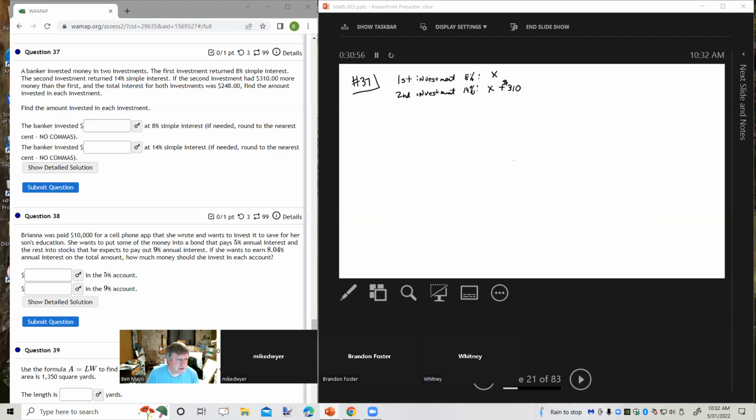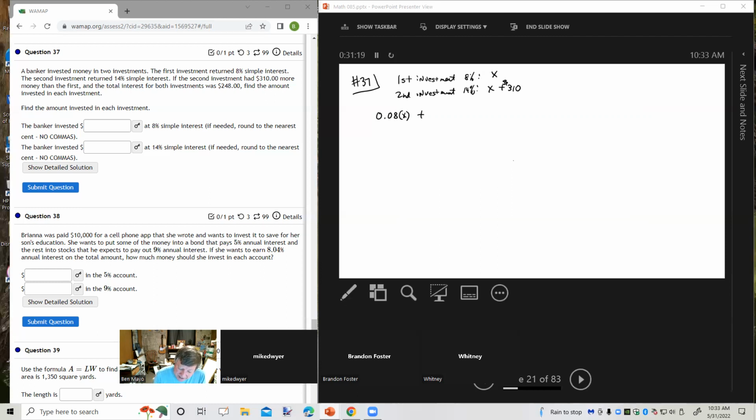So it says the total interest for both investments was $248. And I want to point out, it says the total interest for both investments. So the interest for the first investment would be 8%, which written as a decimal would look like that, times the amount of investment.